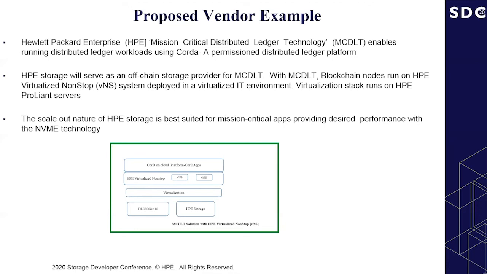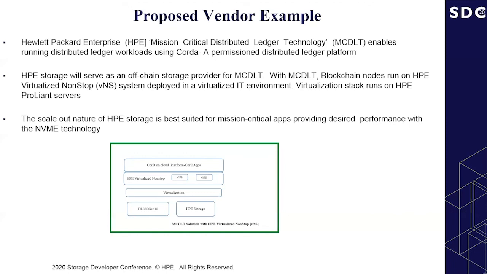As you see here, the MCDLT solution is based on an HPE virtualized NonStop system, which is deployed in a cloud environment such as Red Hat OpenStack or VMware vCloud to provide the service infrastructure. You can deploy the virtualized NonStop infrastructure as a service system using industry standard servers and networking protocols.